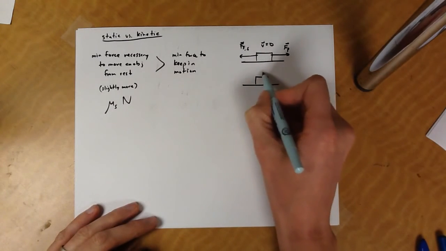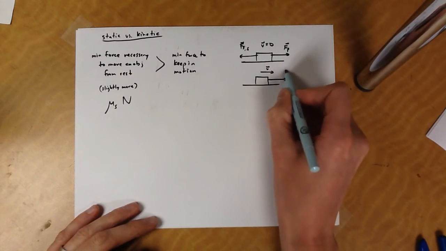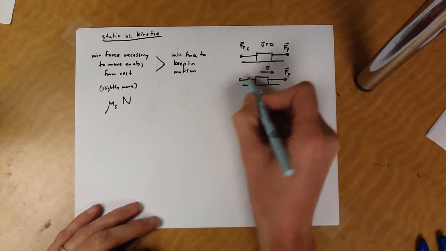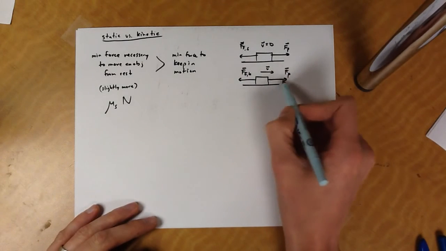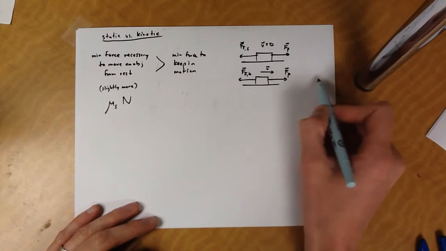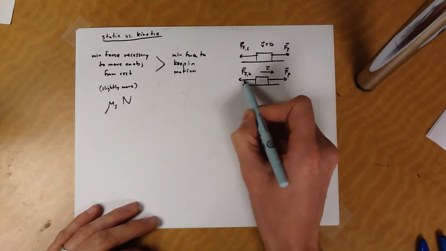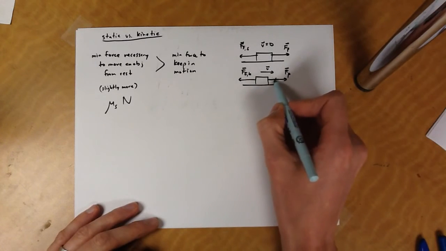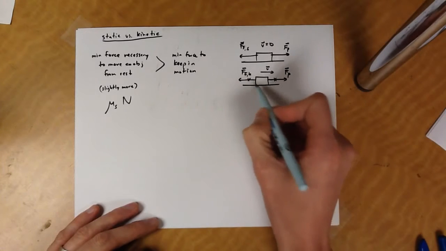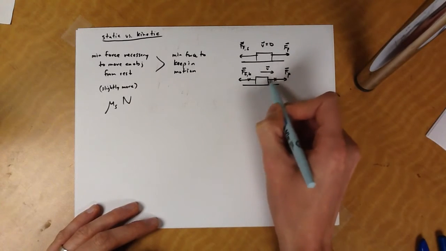If you have an object that's already in motion, then the minimum force you need to push to keep it going is just to counter kinetic friction. Of course, if you pushed harder, then you would make it go faster. If you pushed less hard than friction, then friction would eventually win and bring you to a stop. So you just basically need to have these two forces cancel, and then of course Newton's first law tells us that this will keep the motion it already has.